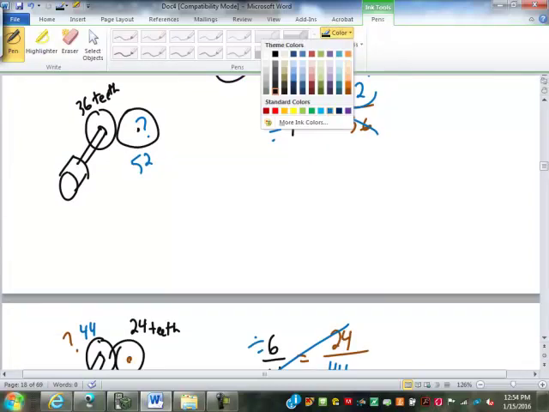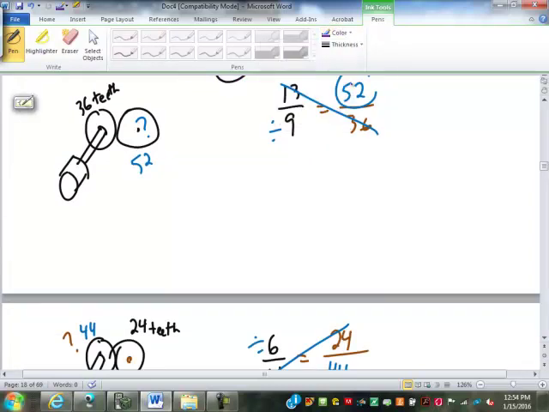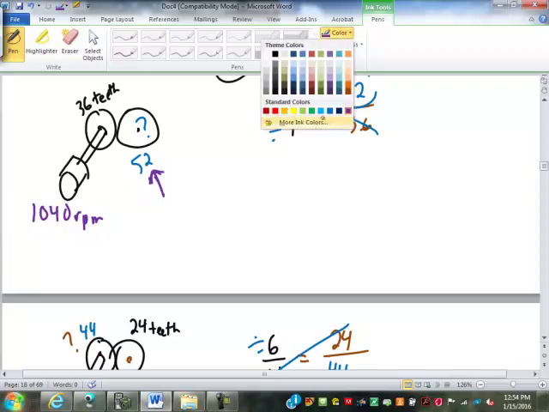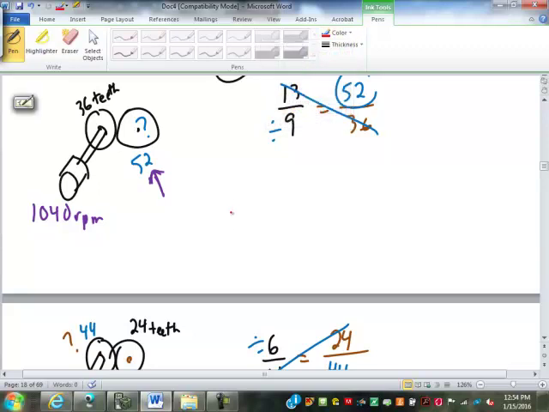So for this one, let's say that this motor is turning at 1,040 RPM. How fast is that gear going to go? Tell me how to set it up. 36 times 1,040 equals 52 times x.